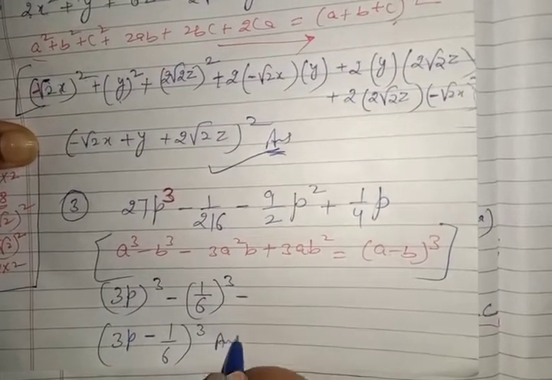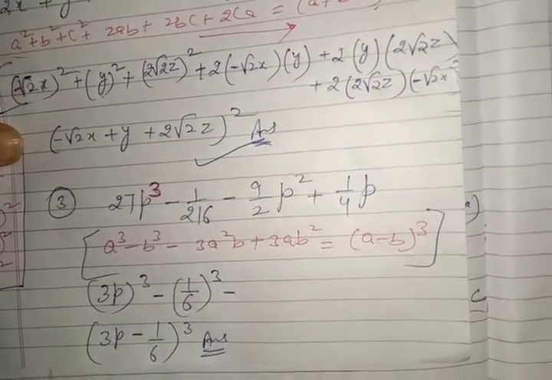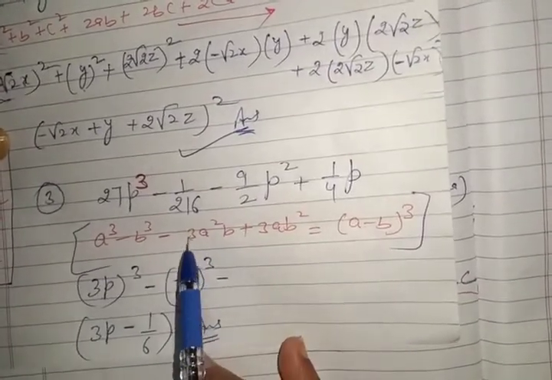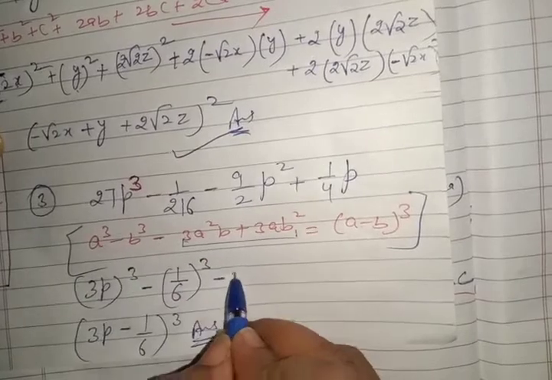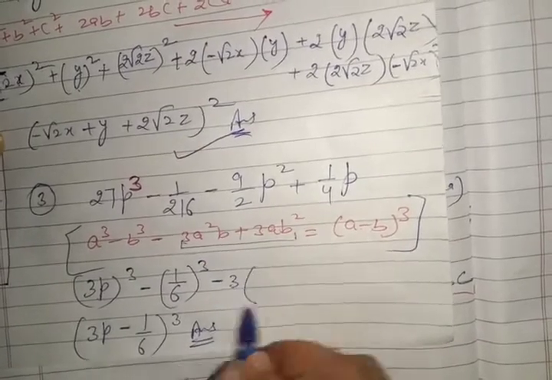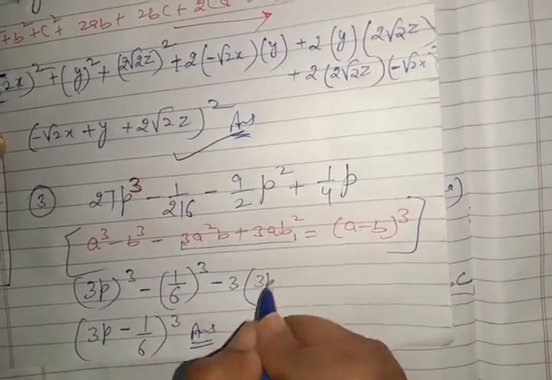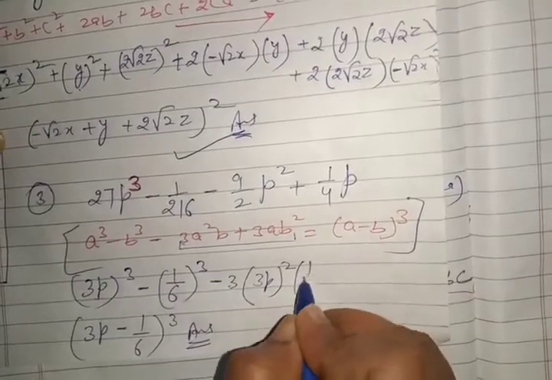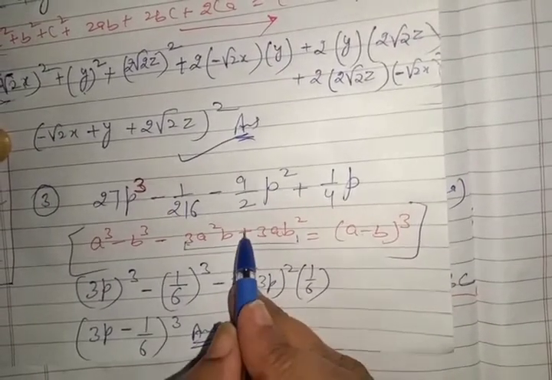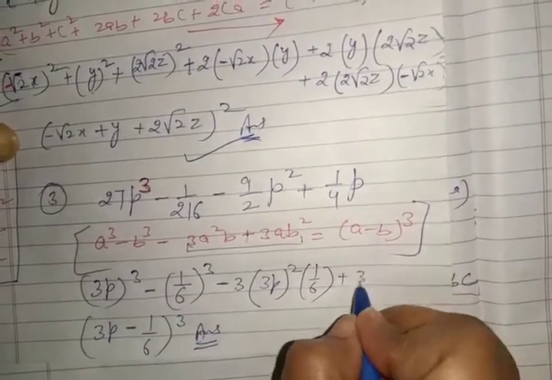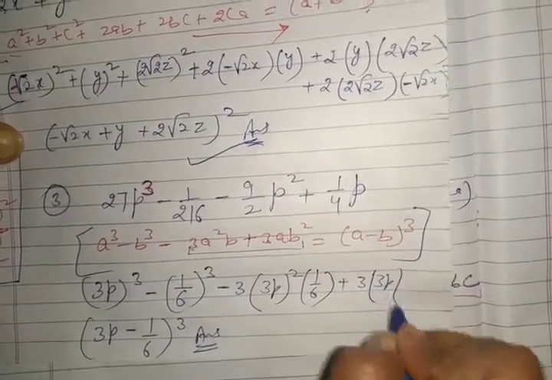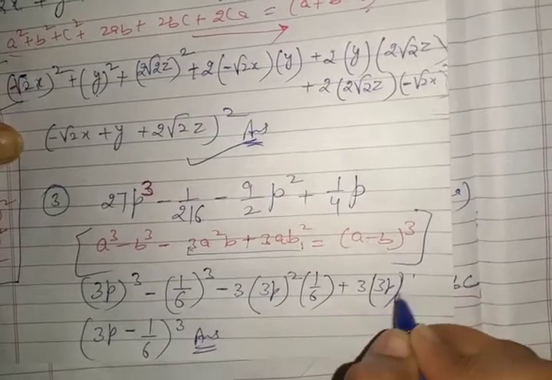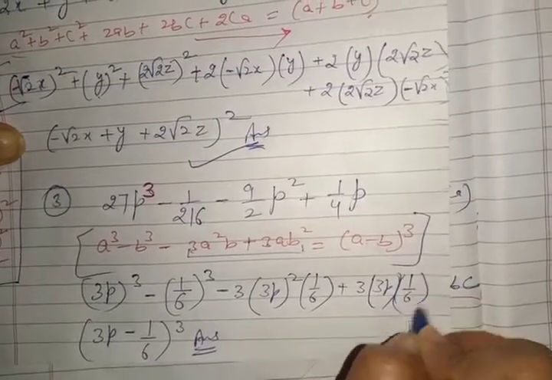We have got our answer, but we will not get full marks in the exam because we need to show these 2 steps also. So it says minus sign, then 3, a square is 3p square, b is 1 by 6, then with sign plus 3, a is 3p and b is 1 by 6 square.